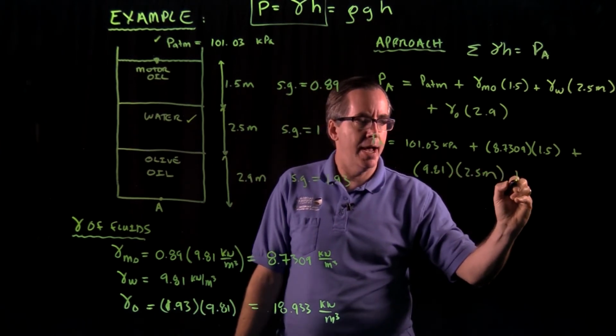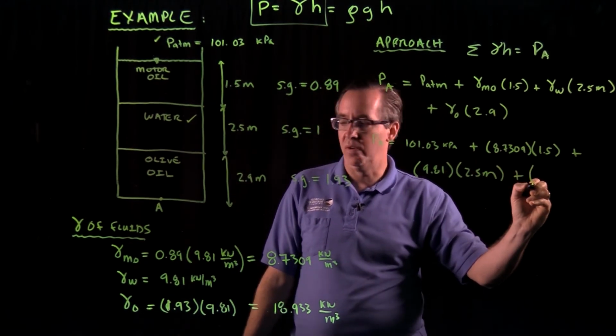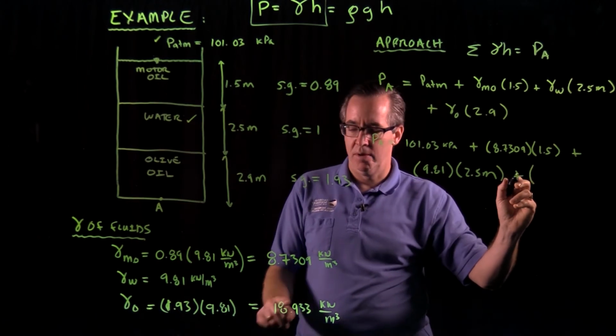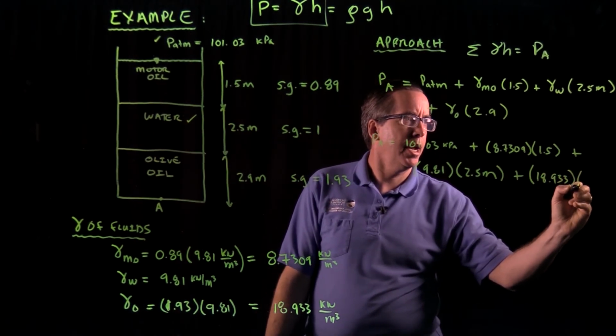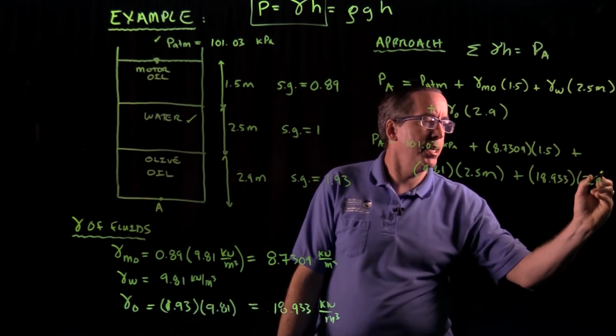And then we have the last term, the olive oil, which had a gamma of 18.933 at a depth of 2.9.